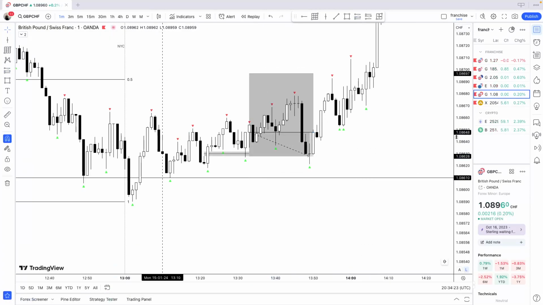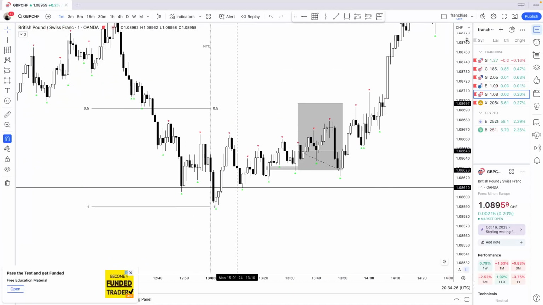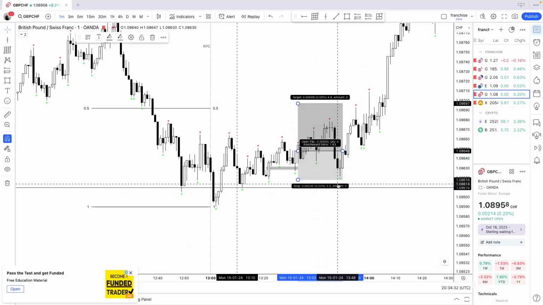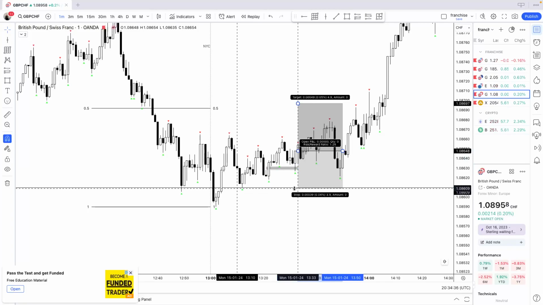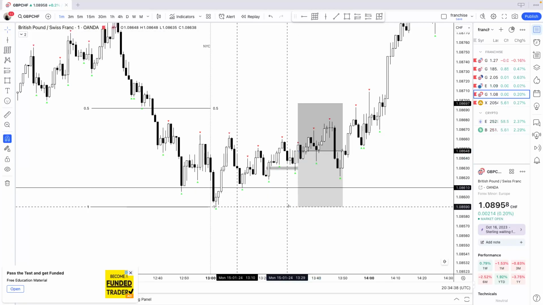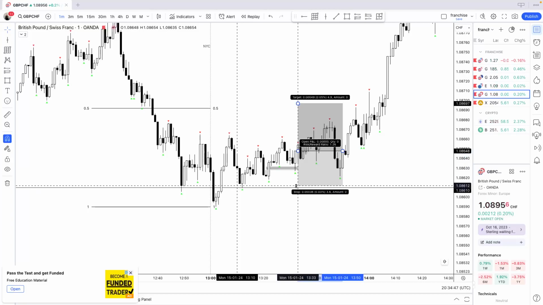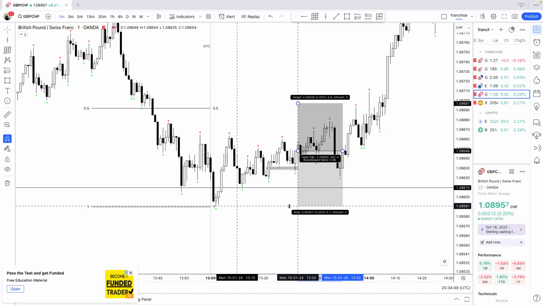In this case, if you put your stops below the fair value gap, you would have got stopped out. However, if you put it below the low, and bear in mind we're dealing with very small pip sizes, you would have probably wanted it here or here, just because this stop loss is actually like a 2 pip stop. Bear in mind spread, so would have had it here or here.